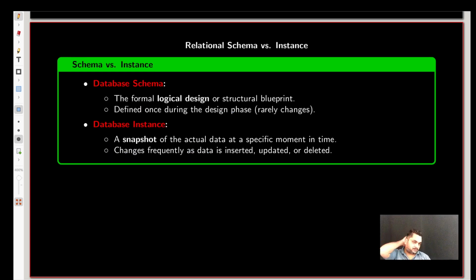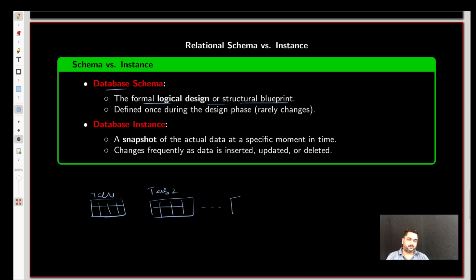Now we'll understand the instance and the schema. What is the database schema? The formal logical design, the structural blueprint, we call it the schema. For example, I have my database schema and I have multiple tables, table 1, table 2, and there can be any number of tables, up to table n.